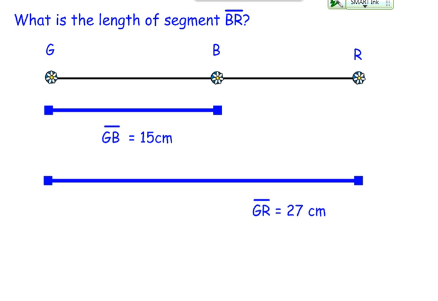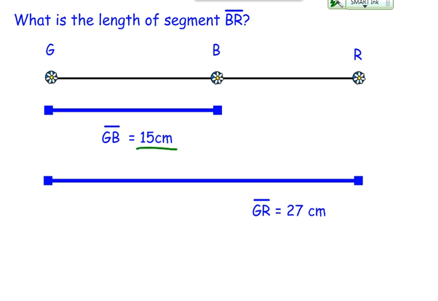This example is going to use the word segments, so we have for sure endpoints, but now we're going to take it to a little bit higher step by doing some working to solve for what is unknown. What this says is find the length of segment BR. We know what the length of segment GB is, it says it's 15 centimeters.